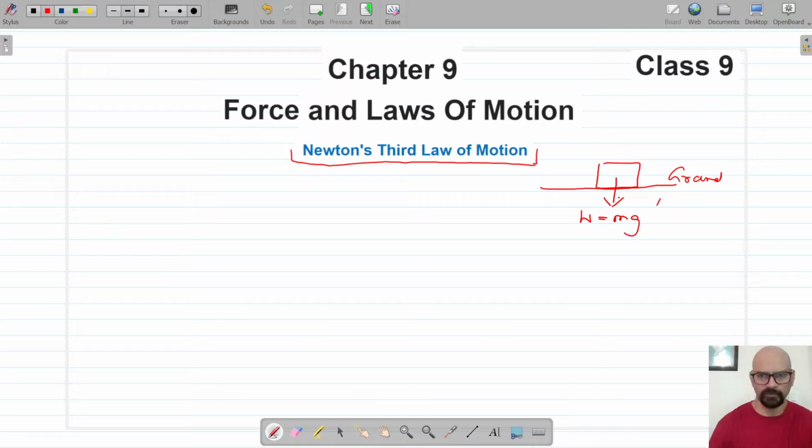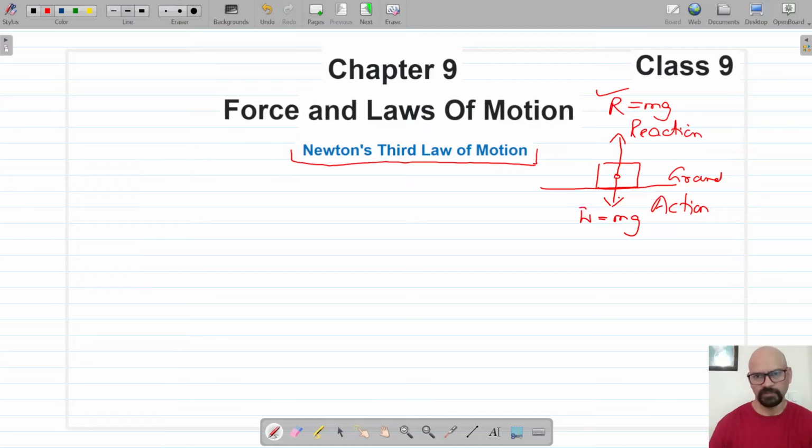So we call it an action. In turn, the ground also applies a force in the opposite direction, and we call it the reaction. And both these forces are equal. This reaction is also equal to W.